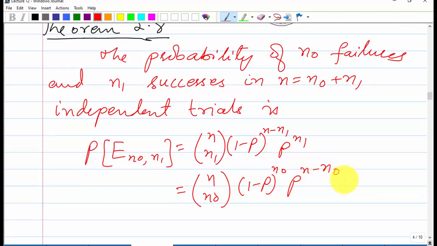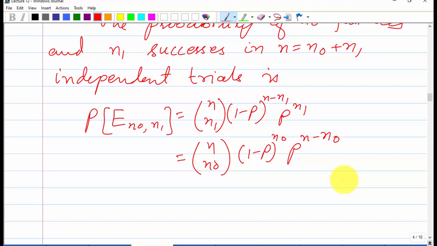These are essentially the same if you look closely, because again remember that n is equal to n naught plus n1.